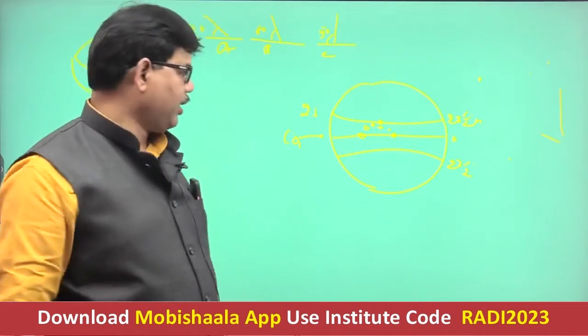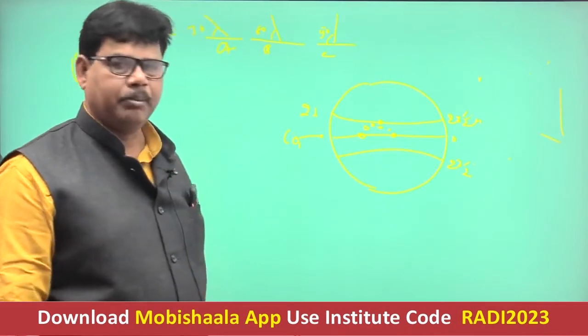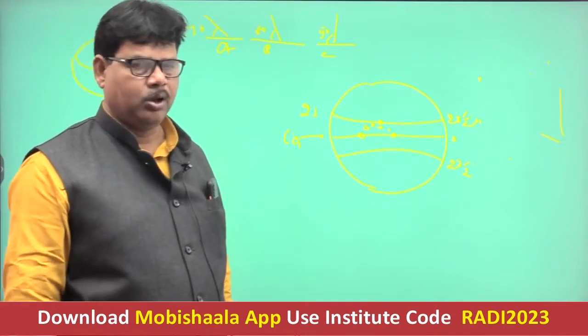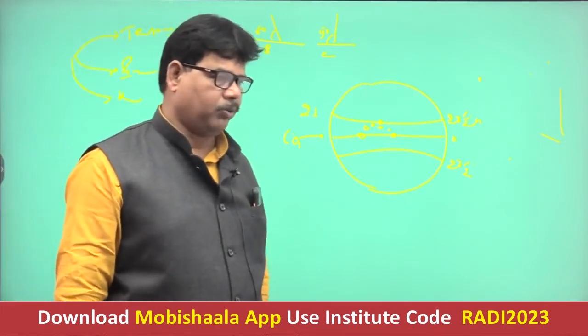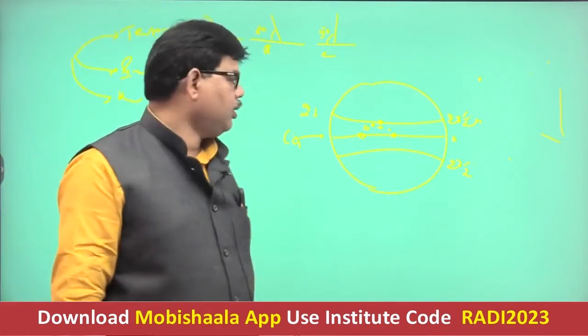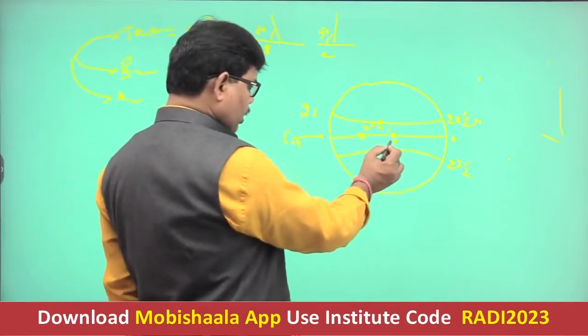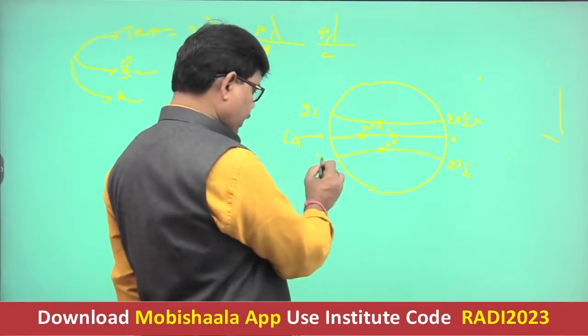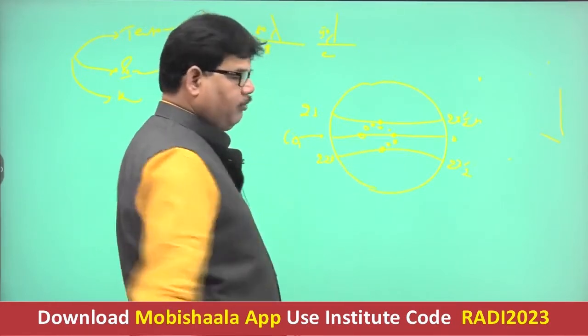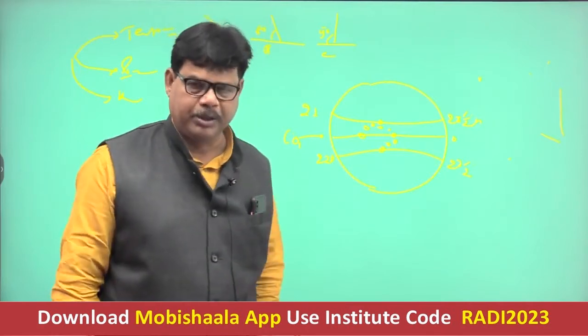It is clear that between March to September, the sun will have a northward position. And then after 23rd September, September, October, November, December, on 22nd December the sun shines vertically over the Tropic of Capricorn.